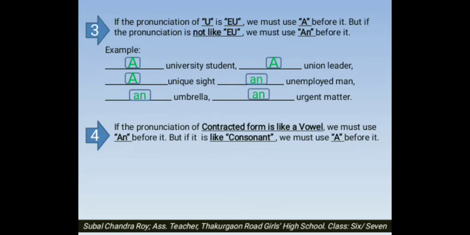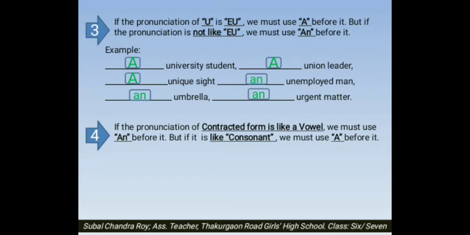When we use a contracted form, we have to think about its pronunciation. If it is like a vowel, we have to use "an". If the pronunciation is like a consonant, we have to use "a" here.